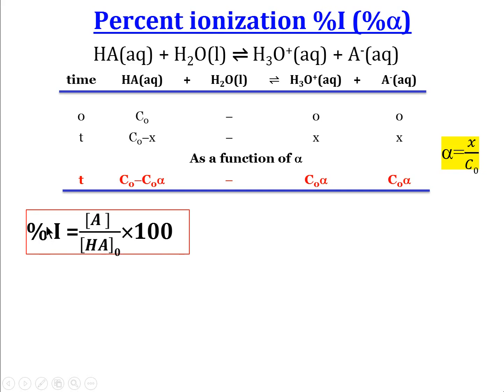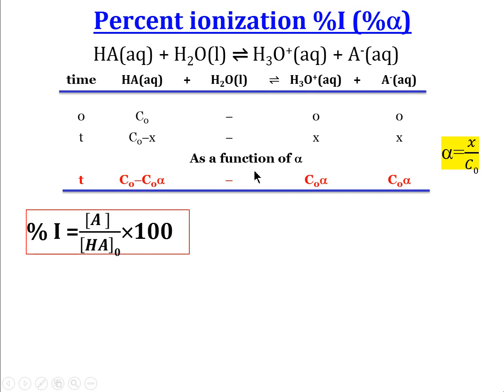Why did we not say percent I equals H3O+ formed divided by HA initial times 100? Since we write x is equal to the concentration of H3O+ at equilibrium.